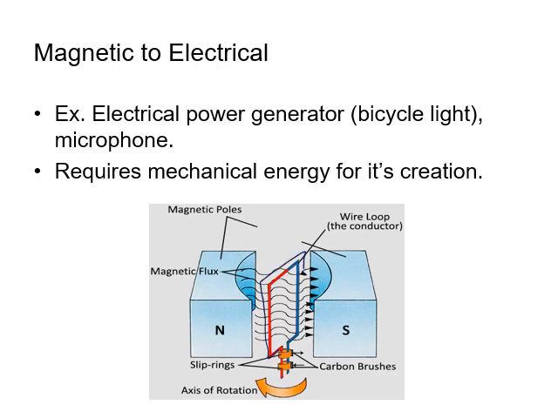So this is a coil of wire, and this is the magnet. And then when that coil turns inside the magnet, so there has to be something turning, a mechanical effect here, it creates electricity. And the very simple example is a bicycle light.